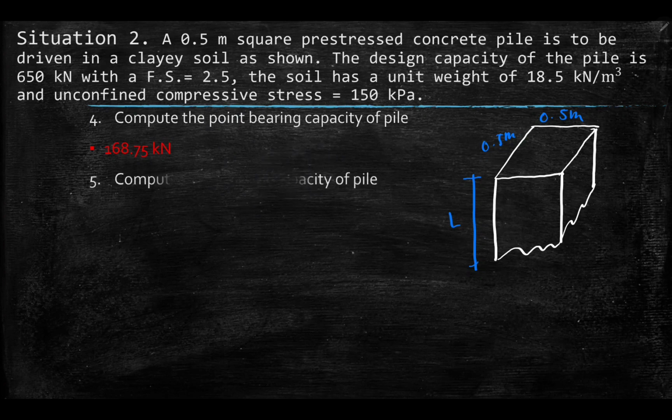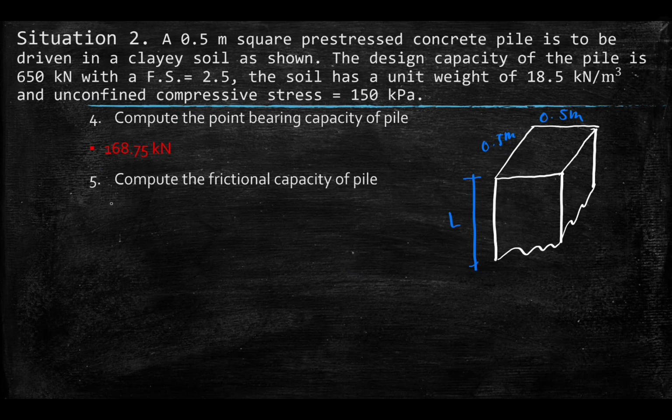For our next question, we have compute the frictional capacity of the pile. How can we solve this? Since no alpha is given, you have to utilize those given. We have not yet used the design capacity of the pile.